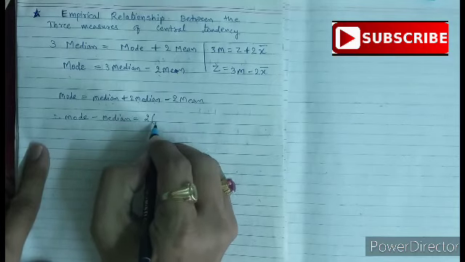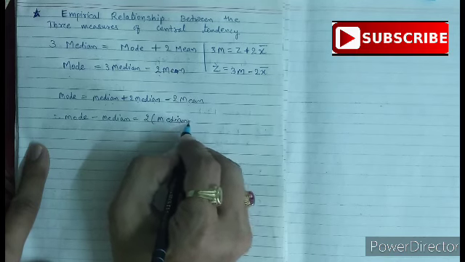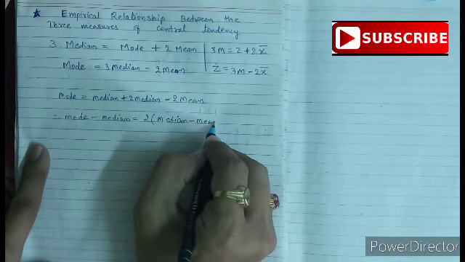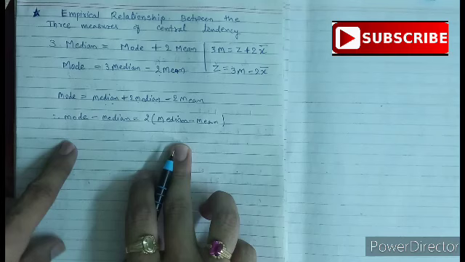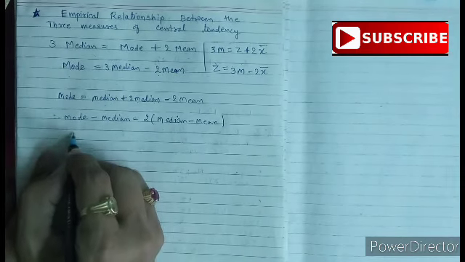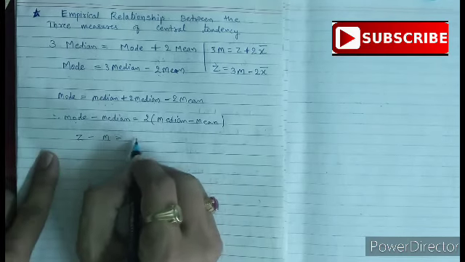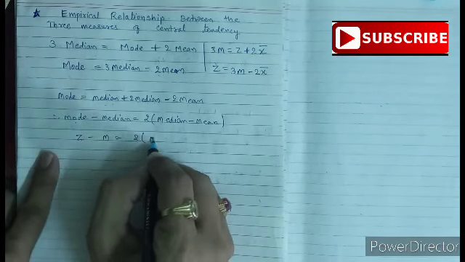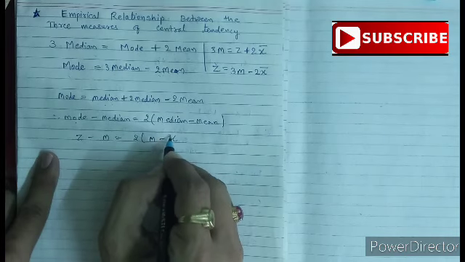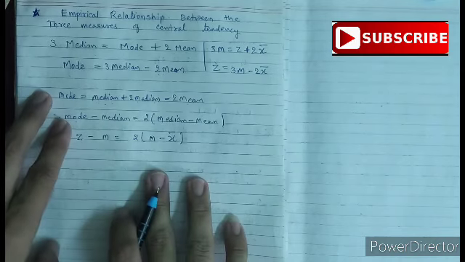We can take out 2 common, so we get 2 into median minus mean. So this is one more form of the same equation. In symbolic form, mode z minus median m equals 2 into median m minus mean x bar.